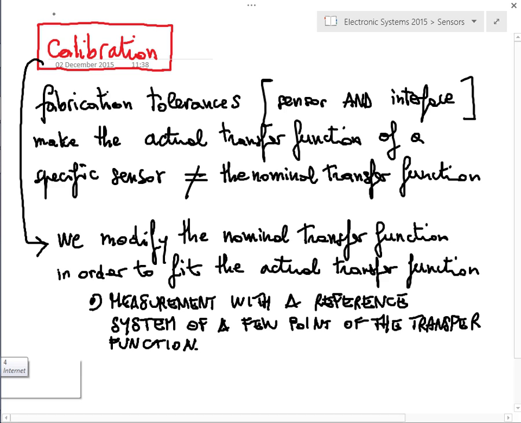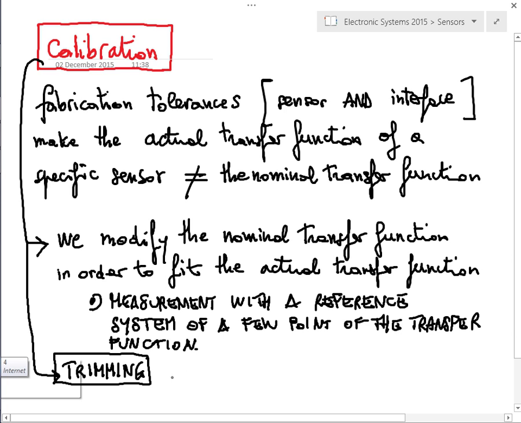Okay, there is another possibility of making a calibration, which is called essentially trimming, and it's let's say the opposite thing.